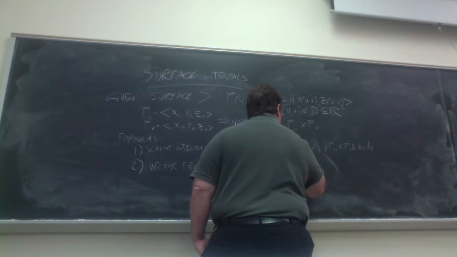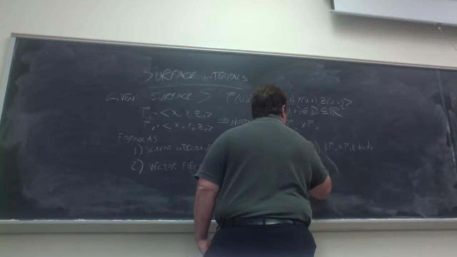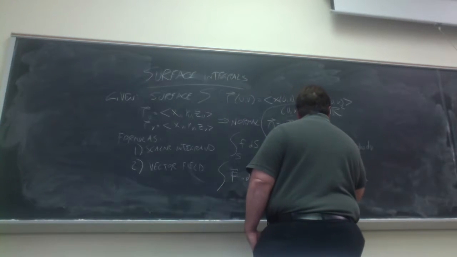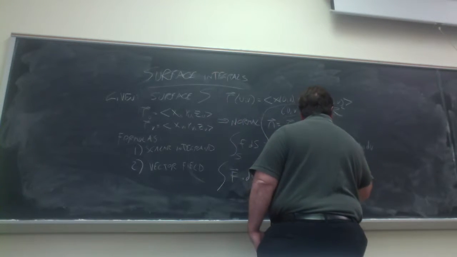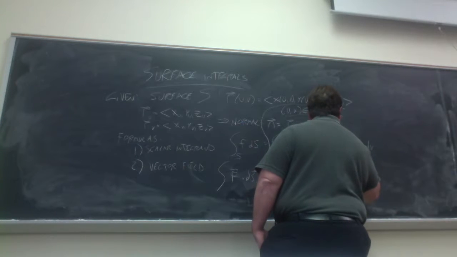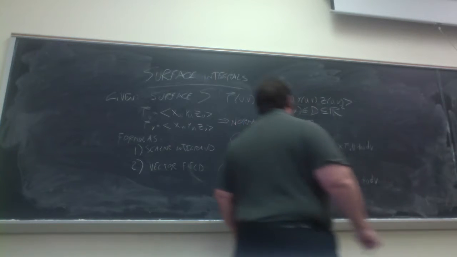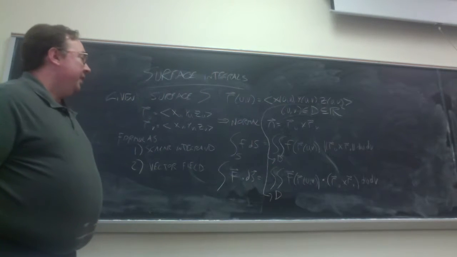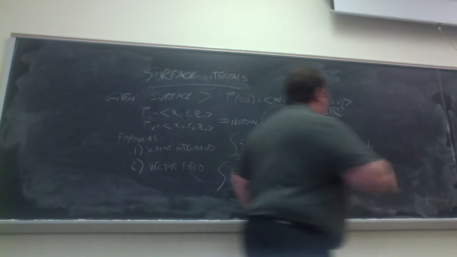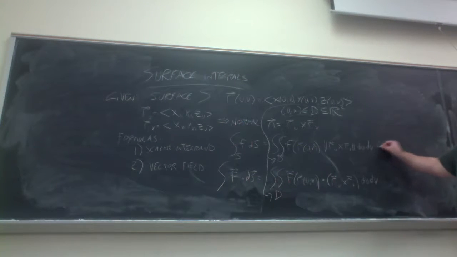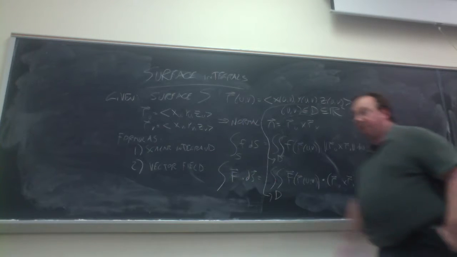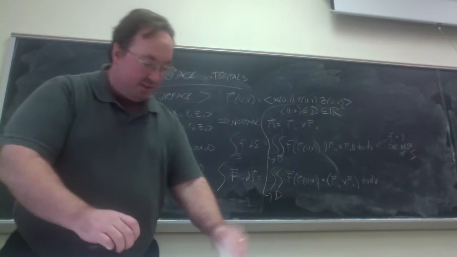You take your vector field and substitute your parametric equations, and you take the dot product of that with your normal vector and integrate that with respect to u and v. And for the scalar formula, you let f equal 1 to give you the area of your surface.